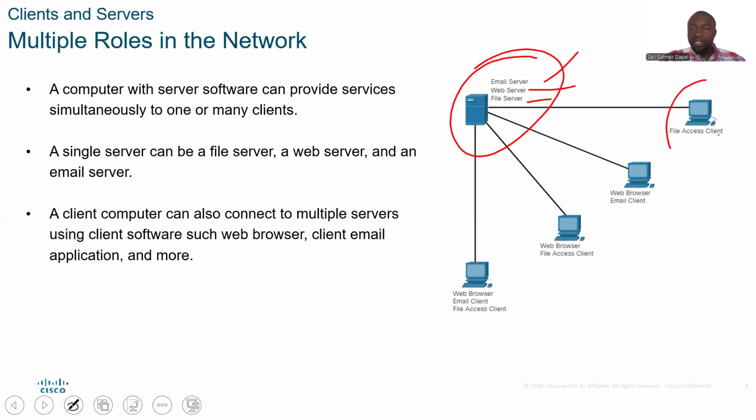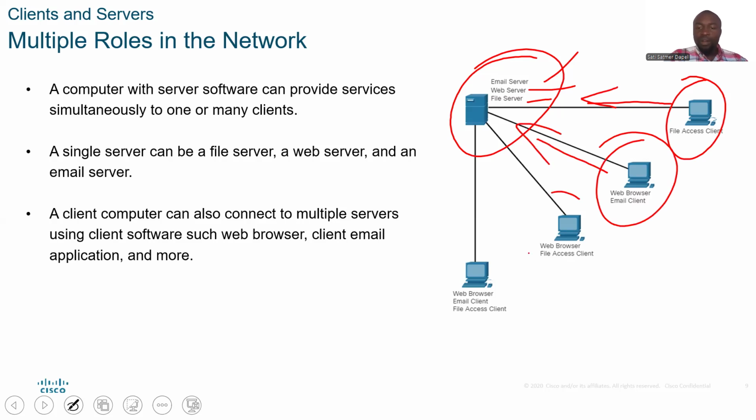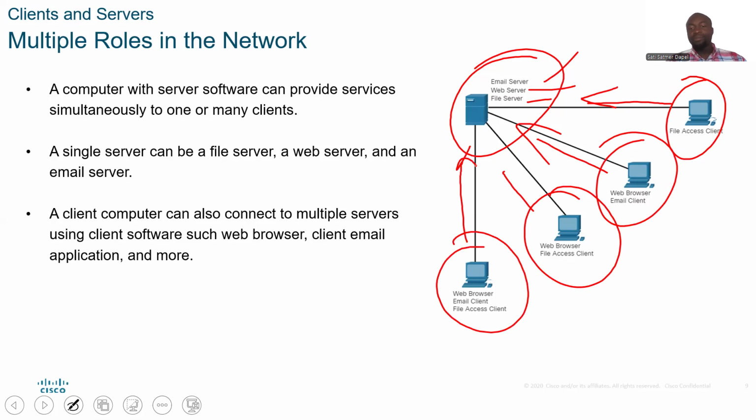So you have a client that is accessing file services from it. You have another client that is accessing web services from it. You have another client that is accessing web browser file access. You have another client that is accessing email, things like that. All of them are going. So a single server can be all of the above.